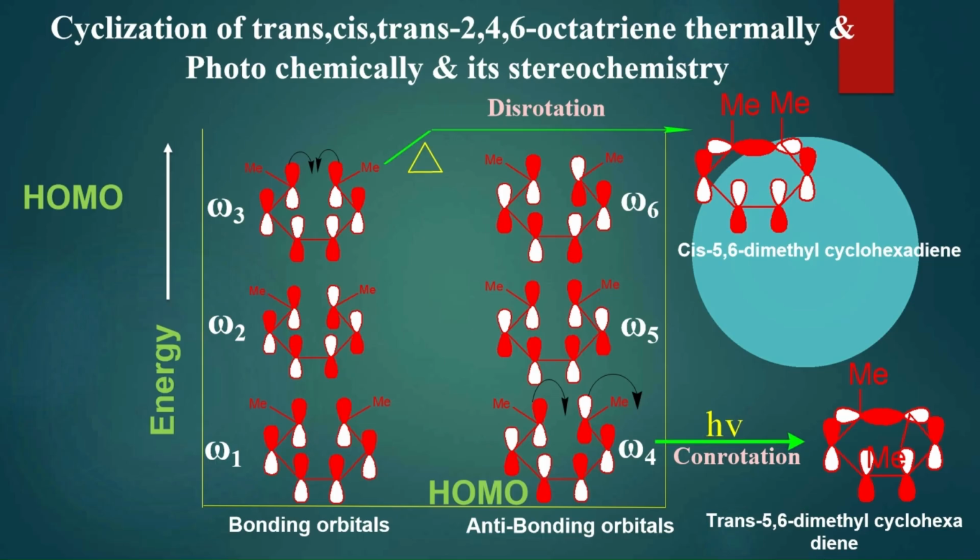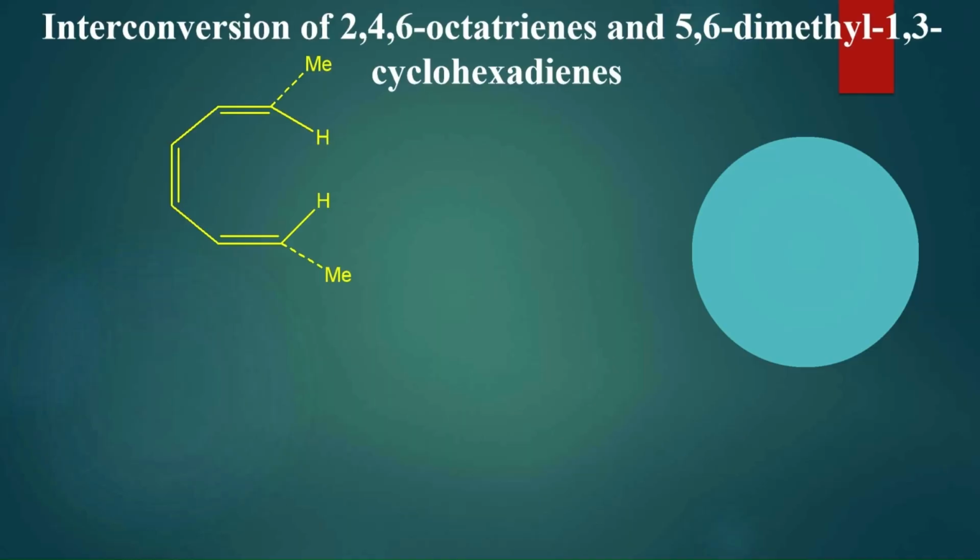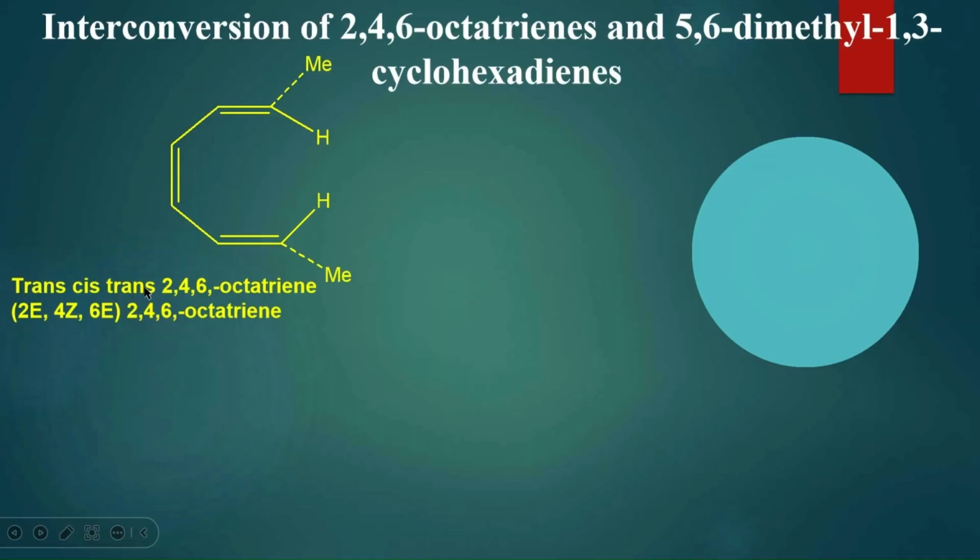Right. Now, summarizing, when I take trans-cis-trans 2,4,6-octatriene, trans means 2E. E means entgegen. The groups attached are opposite to each other. Z, zusammen. The groups are attached cis to each other, or on the same plane. 6E, the groups attached are in the opposite plane.